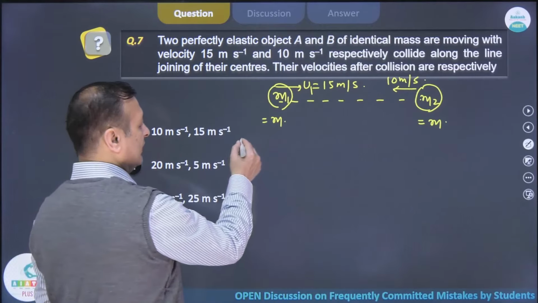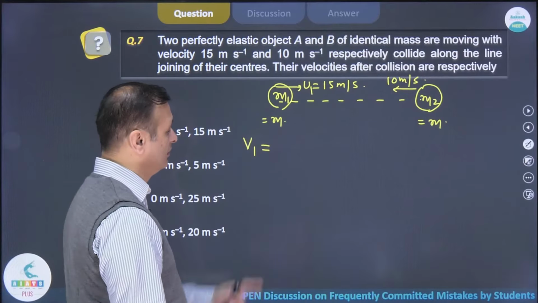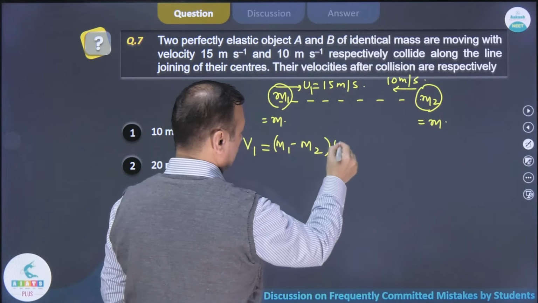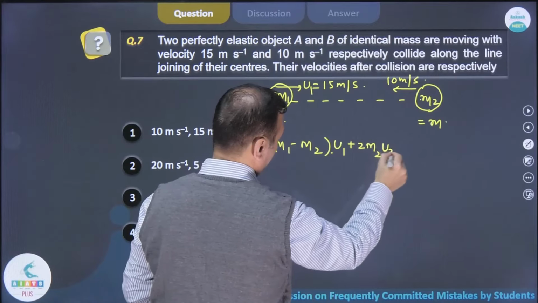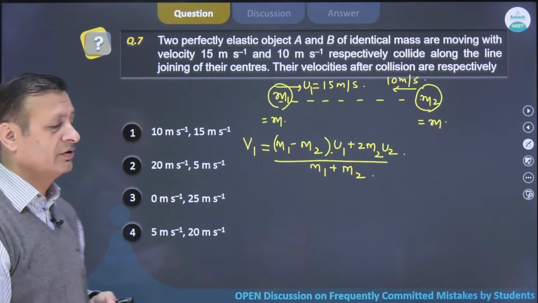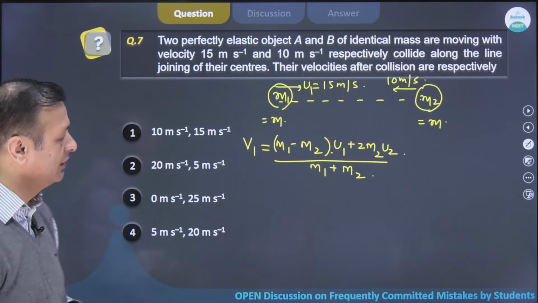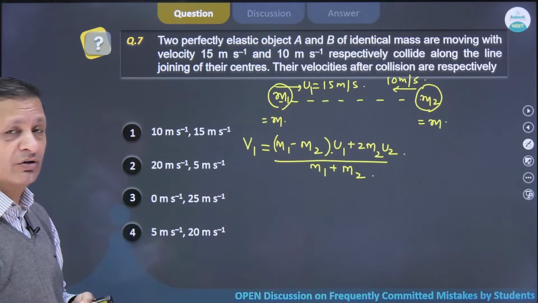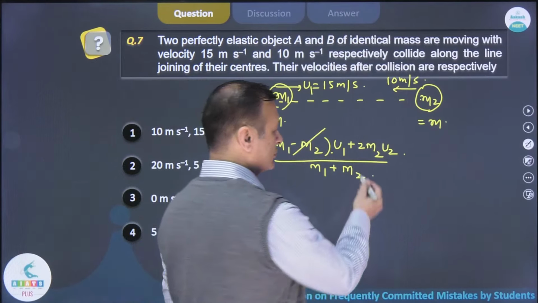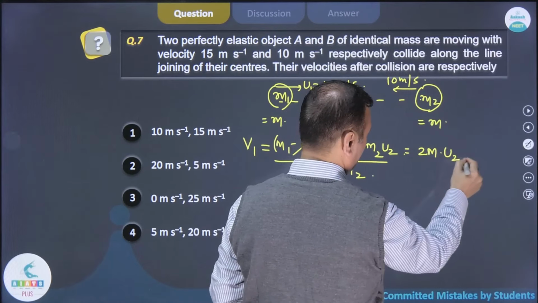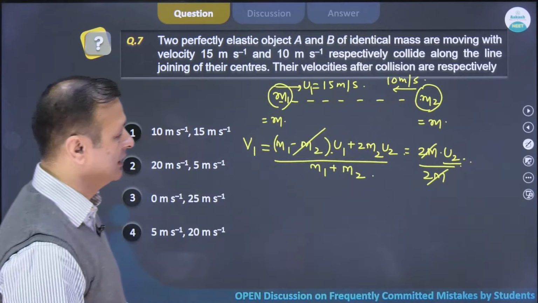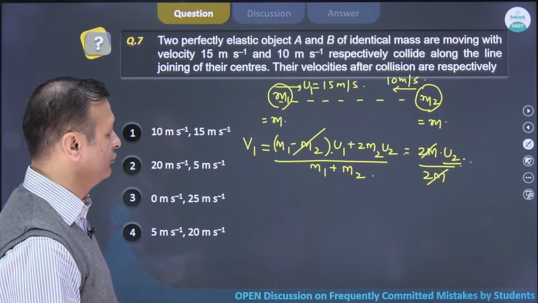The final velocity after collision for the first particle m1 is v1 equals (m1 minus m2) u1 plus 2 m2 u2, divided by (m1 plus m2). This formula is easy to remember and will help you if you memorize it. These two masses are equal, so the first part goes, leaving 2m u2 by (m1 plus m2). So v1 will finally be u2.